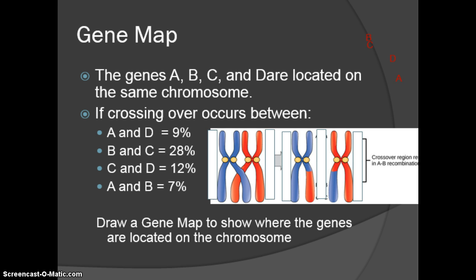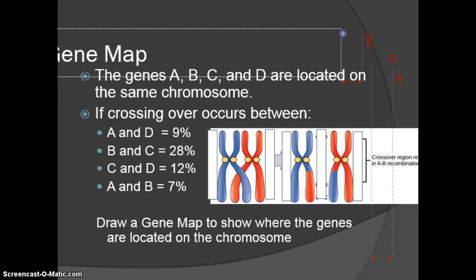Again, we can look at some different examples here as to what would happen when A, B, C, and D are located on the same chromosome. Again, we want to look at the larger percentages to get an idea of where they might be. So we know between B and C is our largest value in here. And this might take a little playing around with seeing where these might go.